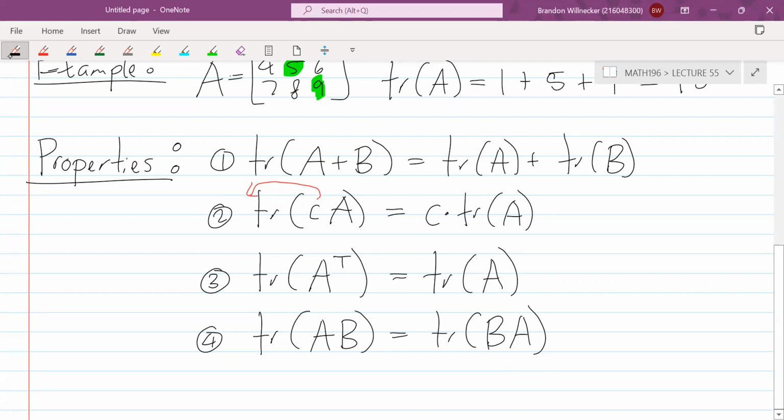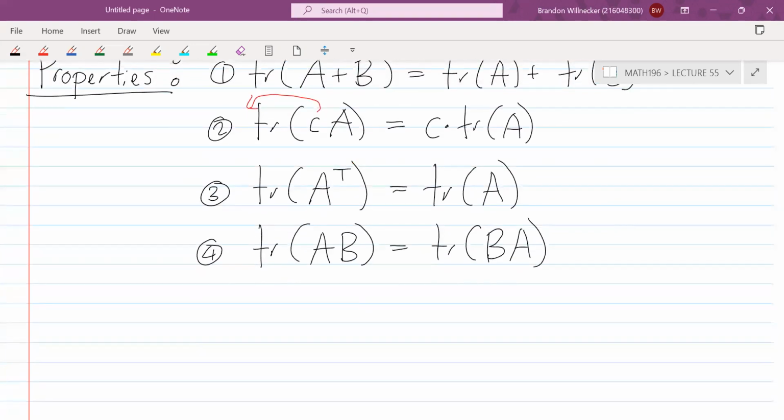This can be extended to more than 2 matrices being multiplied, and this gives you the cyclic property of the trace. I'll show you what I mean now.